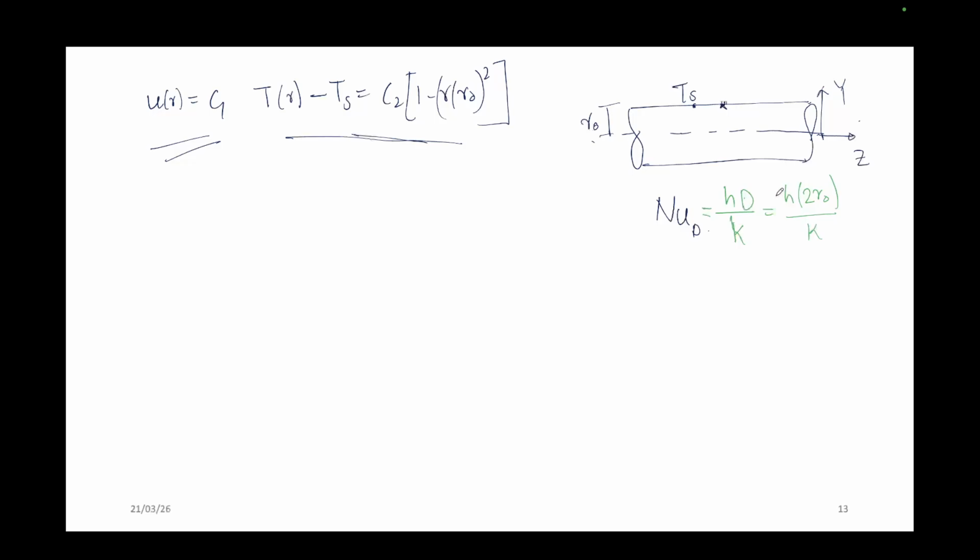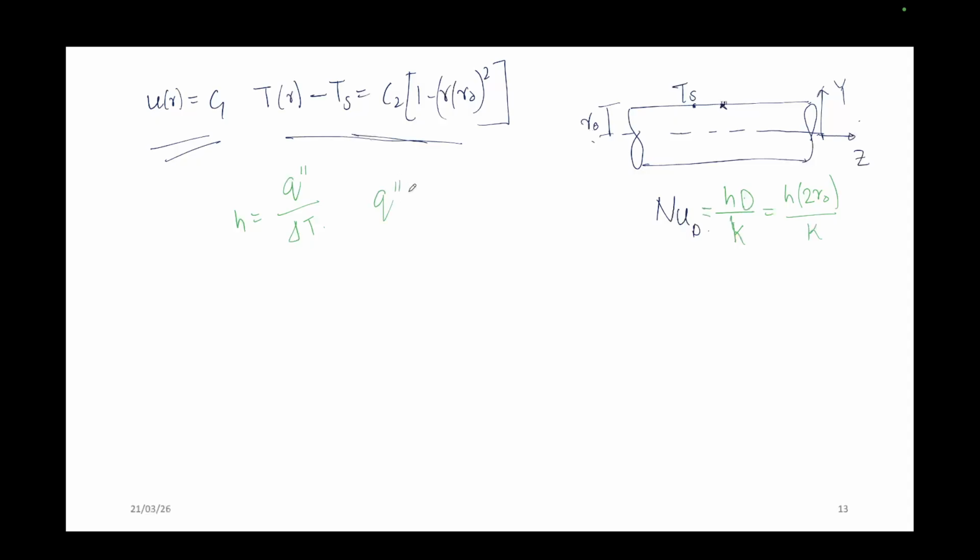Now the question is that we have to find h and k. They are not given, so I think that k should be replaced as it is. Now I need to find how to find this q, because to find this Nusselt number I need h. I know that h is q dash by delta T, right?